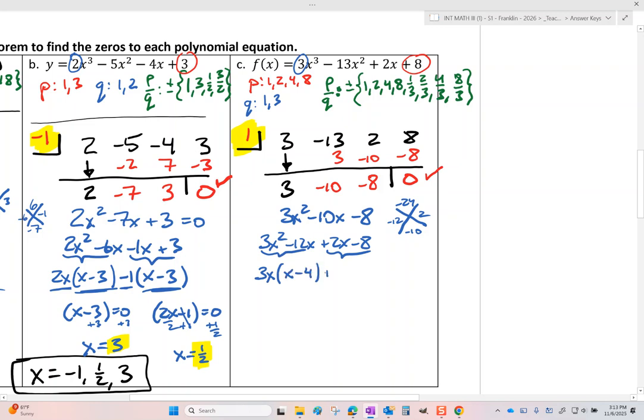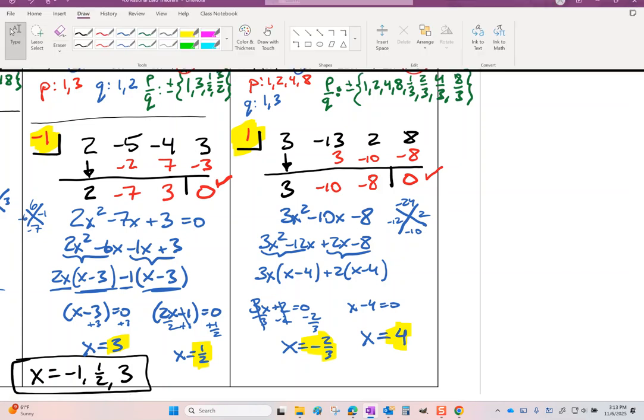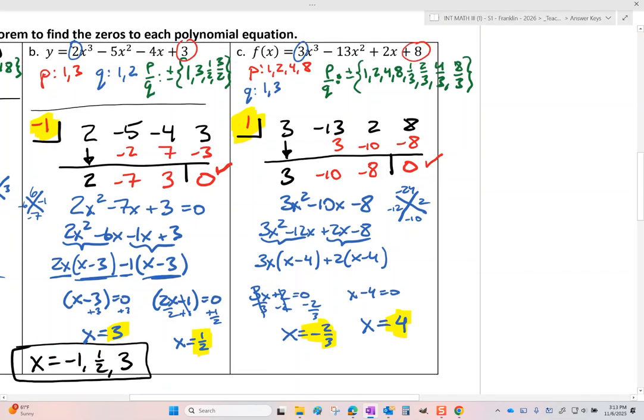And we can take out a 2 here. That leaves x minus 4. So my two factors are 3x plus 2 and x minus 4. Solving those little equations, I get x equals positive 4 here and negative 2/3 over here. So my three roots are 1, negative 2/3, and positive 4. Write that out in a list.